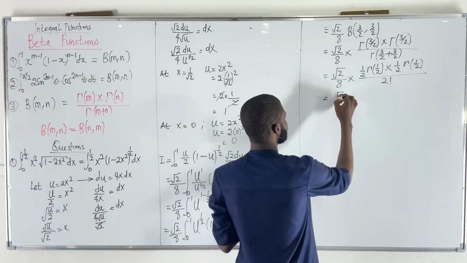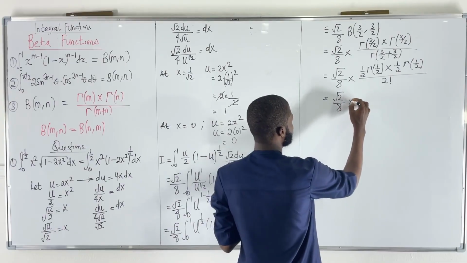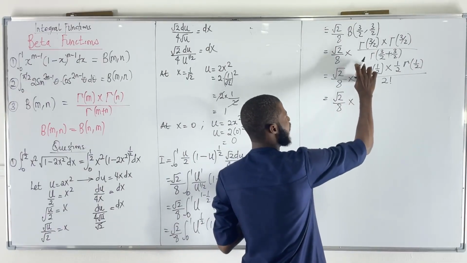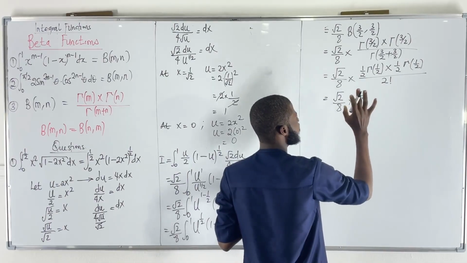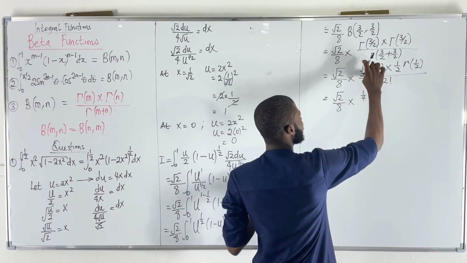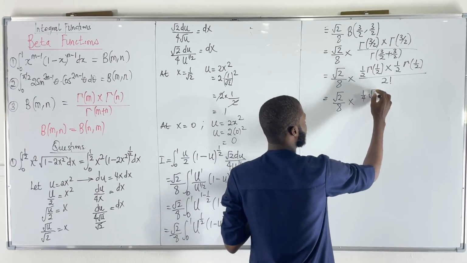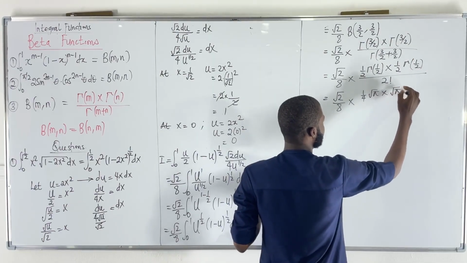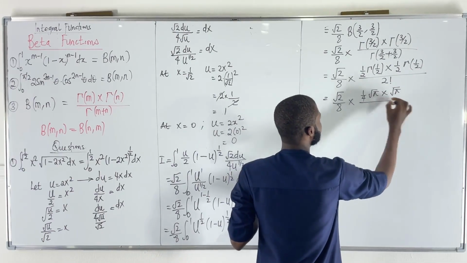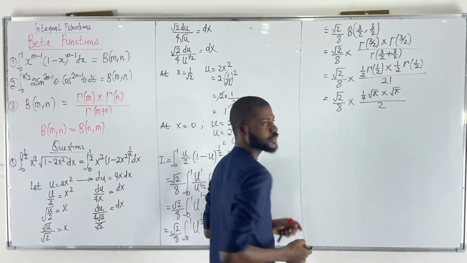Okay, now this is root 2 over 8 times half times half. That's a quarter. Now gamma of half is root pi times gamma of half again is root pi. Then divided by 2 factorial is just 2.